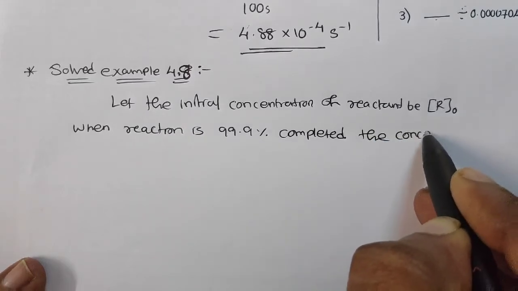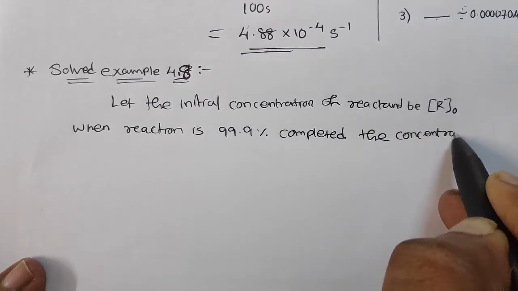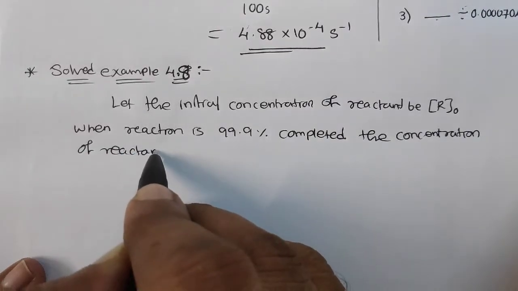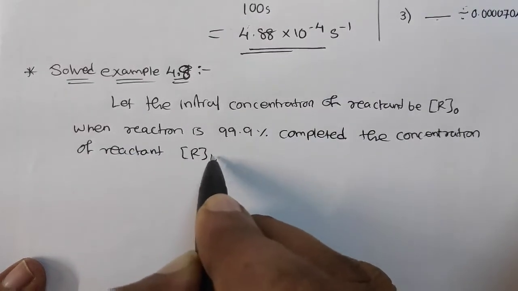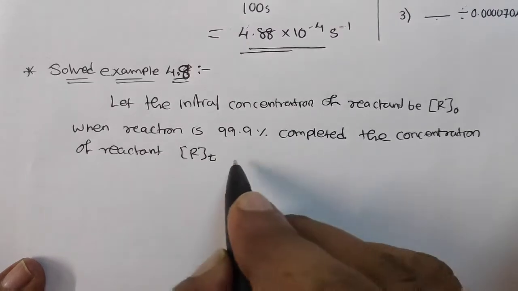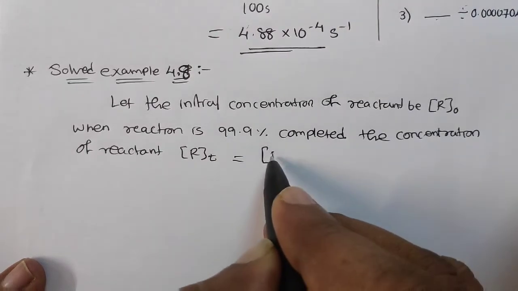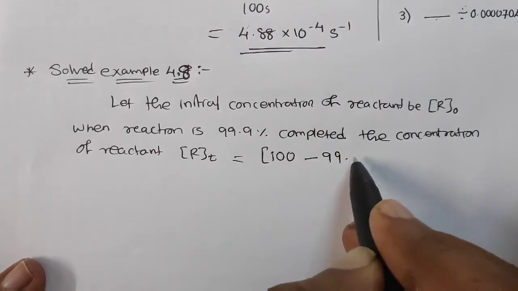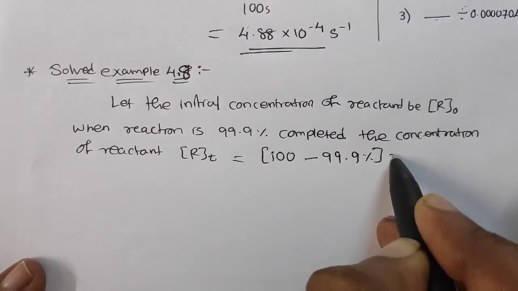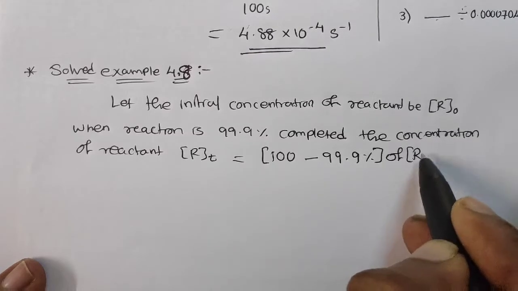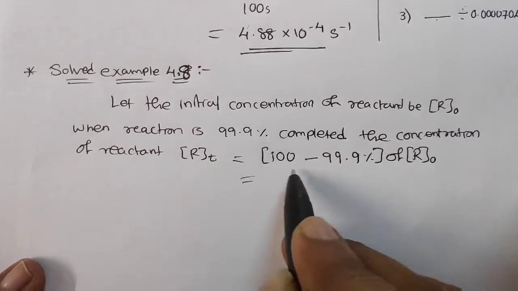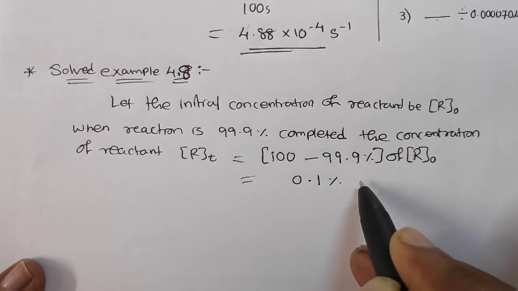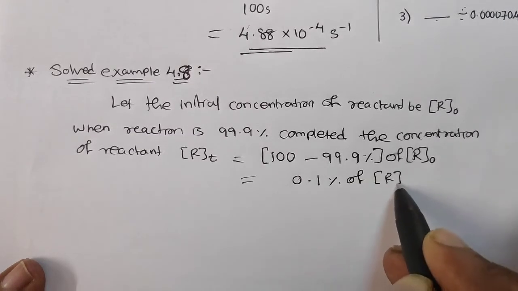The concentration of reactant, that is the final concentration after 99.9% completion, will be R, that is, as it is given in percentage, 100 minus 99.9% of R0 we can write. Understood? So 100 minus 99.9% means 0.1% of R0.